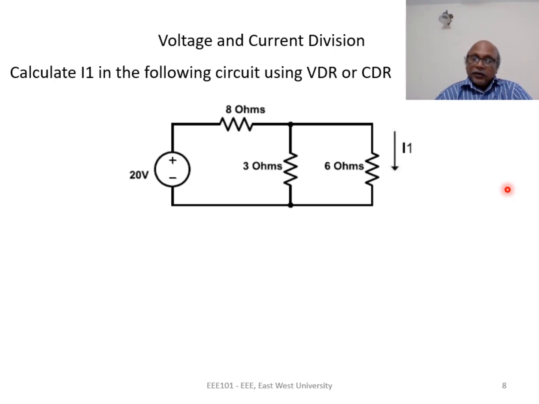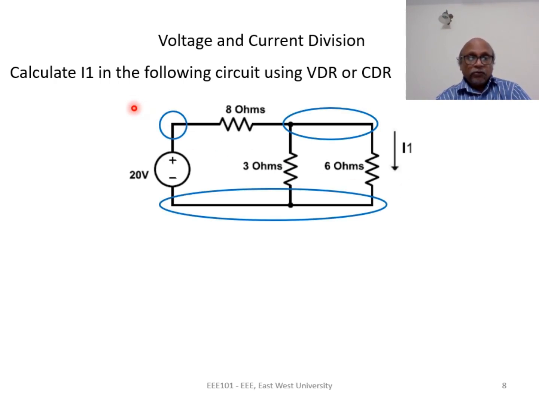Okay. First step in solving almost all circuit problems is to identify the nodes in the circuit. This is a simple circuit. We see that there are three nodes, 1, 2, 3. 3 ohms resistance and 6 ohms resistance are connected between the same pair of nodes, so they are in parallel.